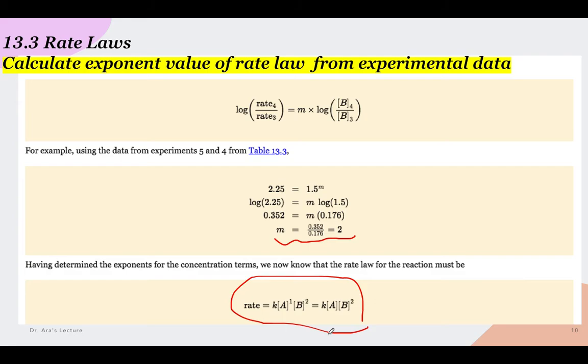Normally we don't write the exponent 1. So for the particular reaction that we started with arbitrarily, A plus B forms products, as we initially considered for the table values, the rate of the reaction according to the rate law is like that. This is how we can calculate the exponent value by utilizing our experimental values.